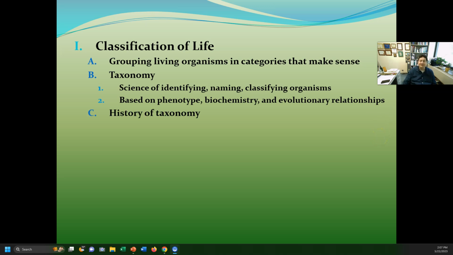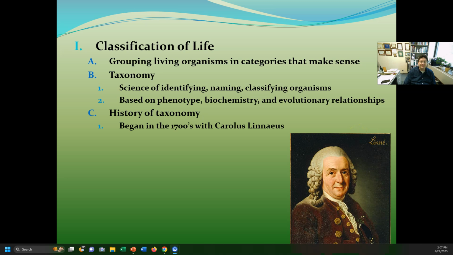Now, taxonomy, people have been naming organisms since humans first walked the earth. But taxonomy itself really began in the 1700s with this man here. Carolus Linnaeus was a Swedish biologist that specialized in plants, and he standardized taxonomy, how we name living things and the different categories that we put them in.